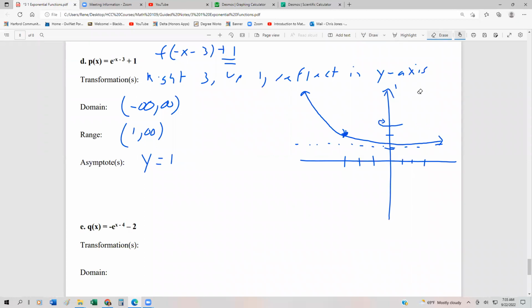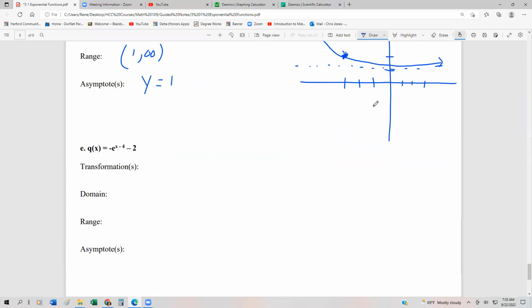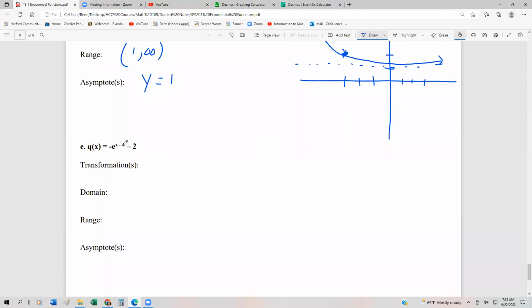Now the last one we have, we're going to have a reflection in the x-axis, or supposedly. So we have this negative e to the x minus 4 minus 2. And so our transformations, if I think about this, this is going to be f of x minus 4, negative on the outside, minus 2. So 3 transformations. We're going to move right 4 units.